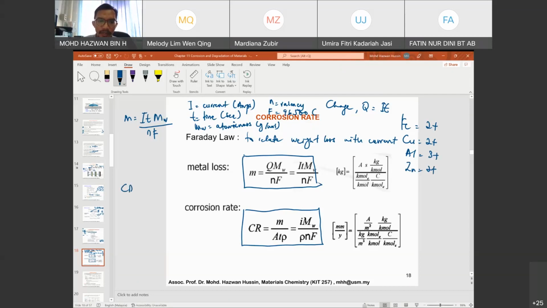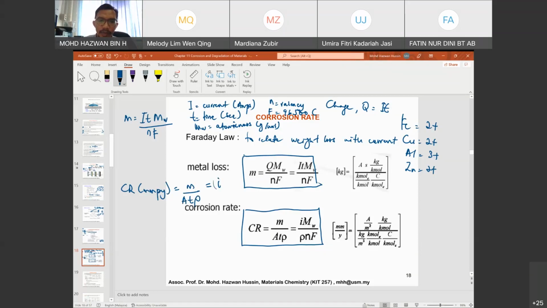Therefore, corrosion rate in MMPY, millimeters per year, equals mass loss over area times time and density, or it is also equivalent to small i. So what is small i?